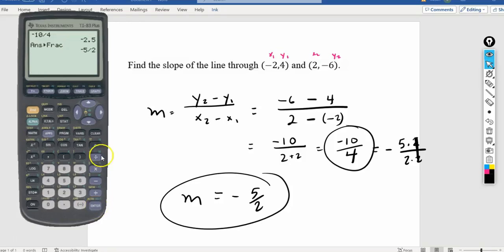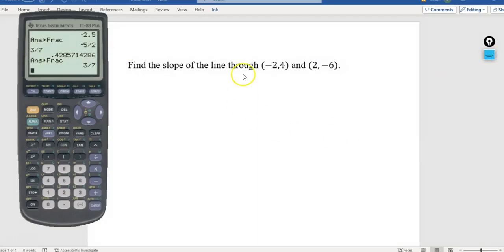Enter, enter. And you can see it gives me the fraction in its lowest form. So if you already have a fraction that's in reduced form or lowest form, and you do math enter, enter, there won't be any change. Okay, so 3/7, you can't reduce that, so it is 3/7. But this is how you can use your calculator to get it to reduce a fraction for you.